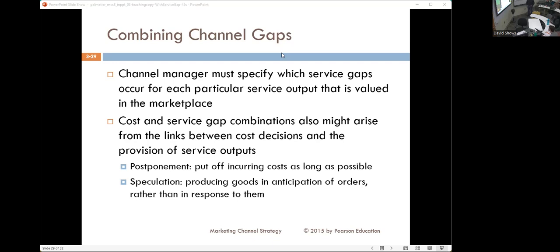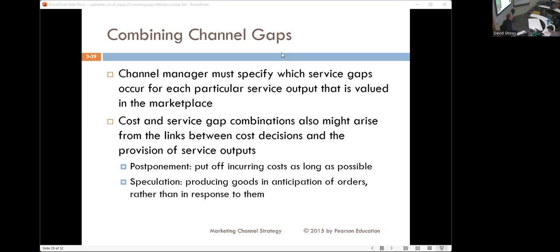One way is through postponement, in which I put off incurring costs as long as possible. I've got things I've got to do.